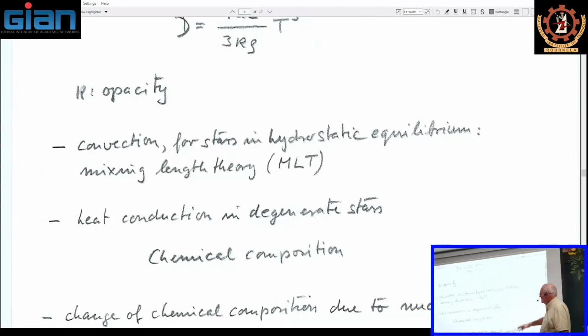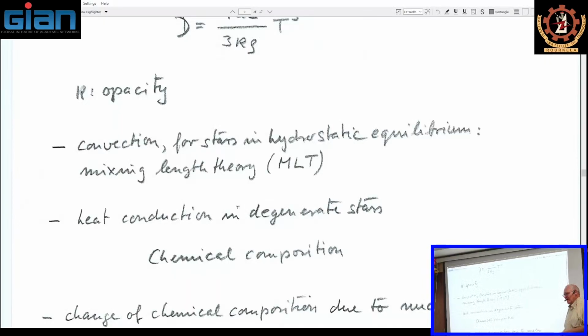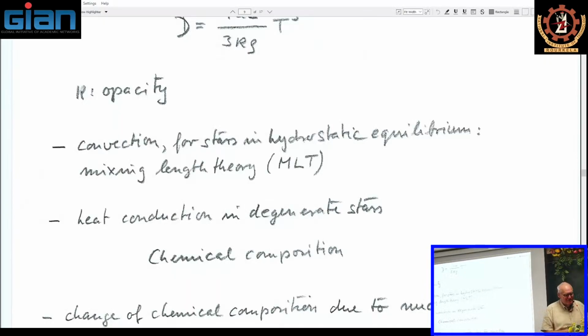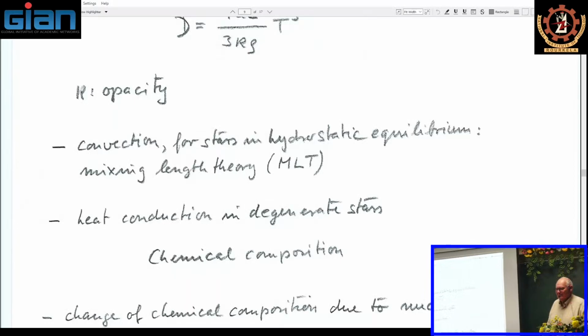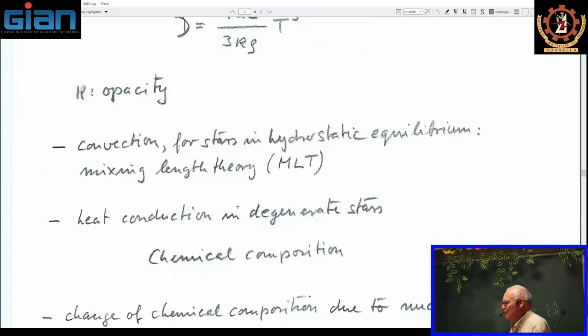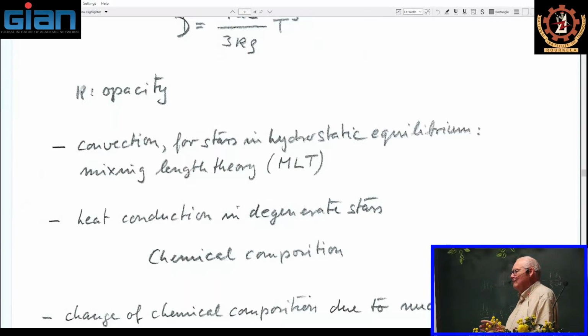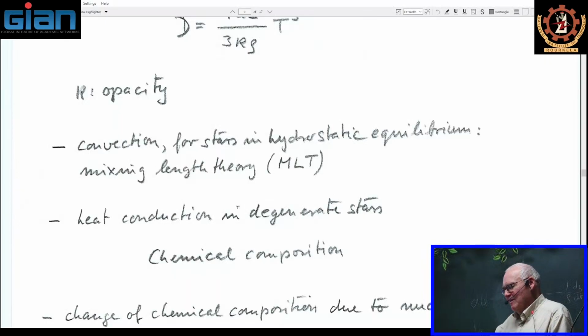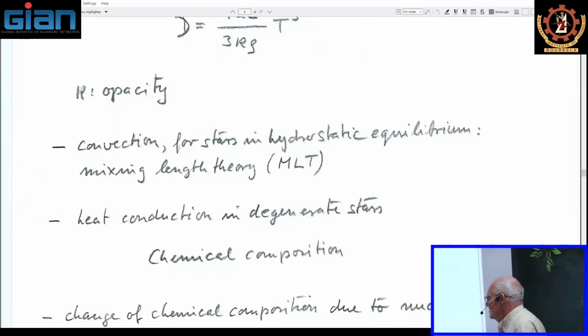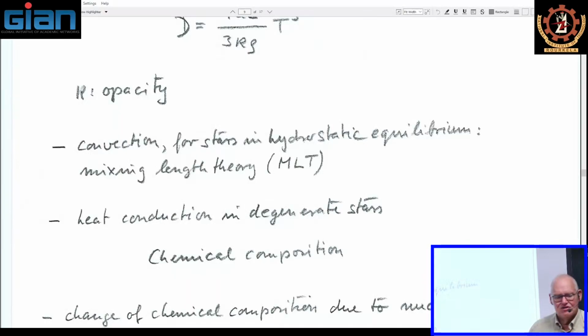Well, for completeness, I have to mention that in degenerate stars we have heat conduction. It's not only diffusion of photons, but heat conduction, which is, so to say, the diffusion of those particles which have the biggest mean free path in degenerate stars. These are the electrons, and this process is called heat conduction in degenerate stars.